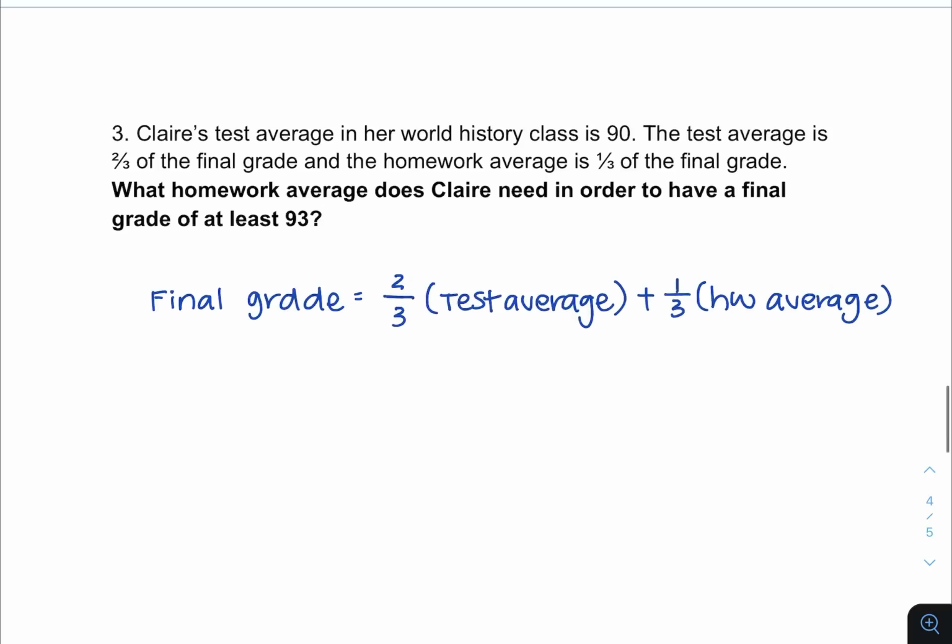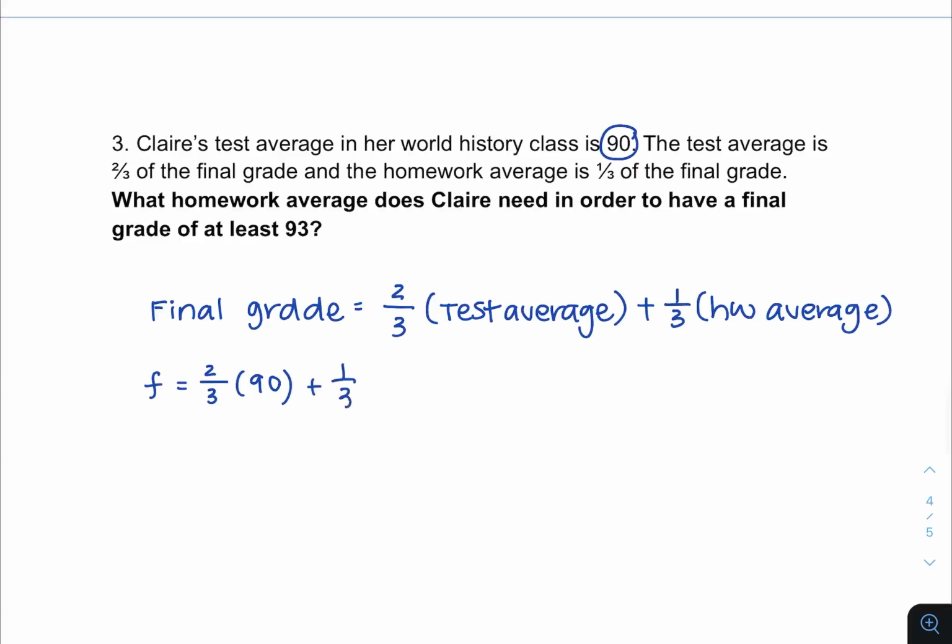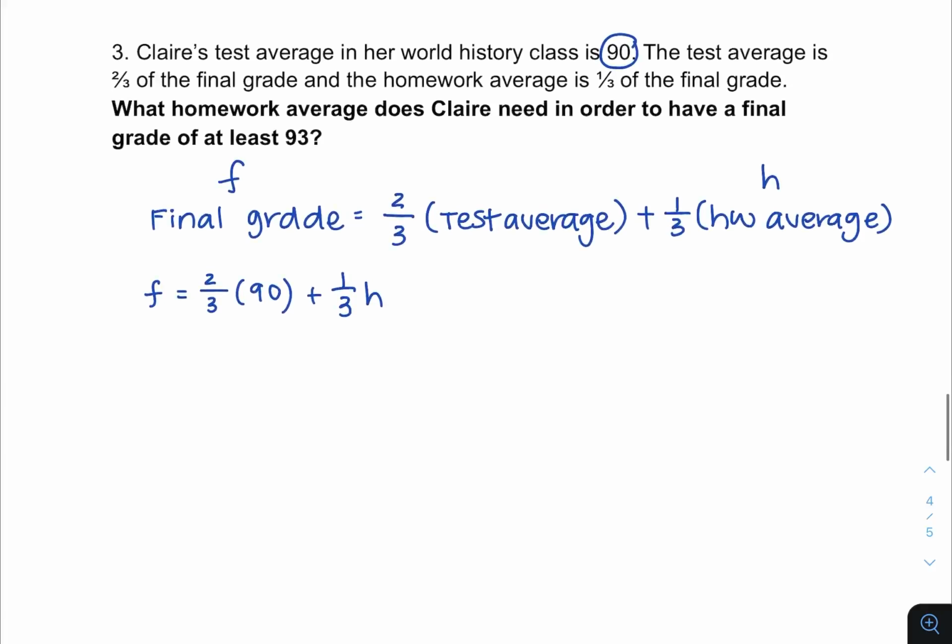And we can substitute the final grade as F equals 2/3 of 90, which is stated in the word problem, plus 1/3 H. We're going to use these variables.